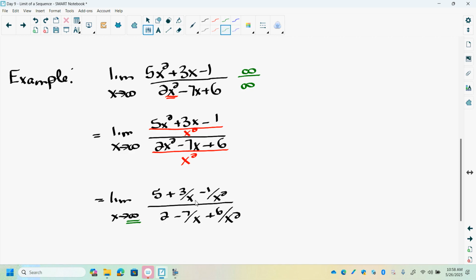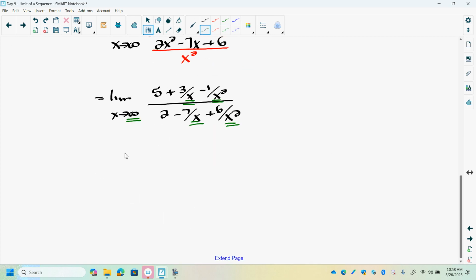Now I can do some direct substitution. What happens to all of these terms that have the x's in the denominator? What happens if you take 3 and you divide it by an increasingly growing denominator? You get 0. So this rational expression is going to become 5 plus 0 minus 0 over 2 minus 0 plus 0.